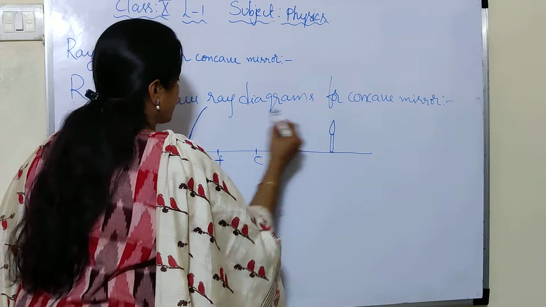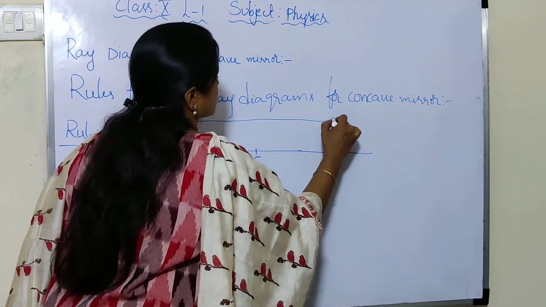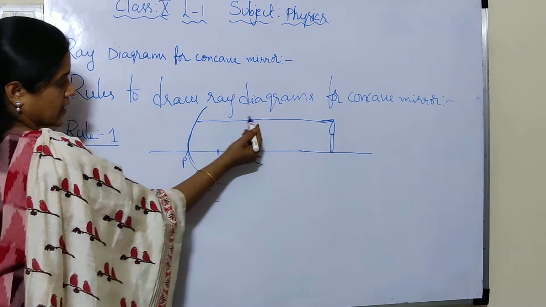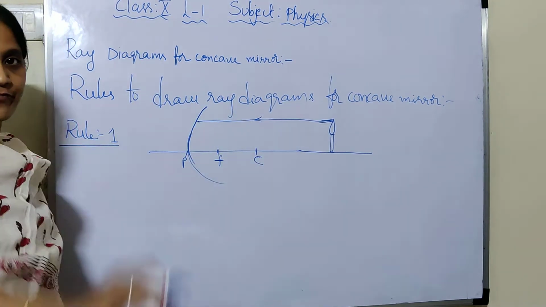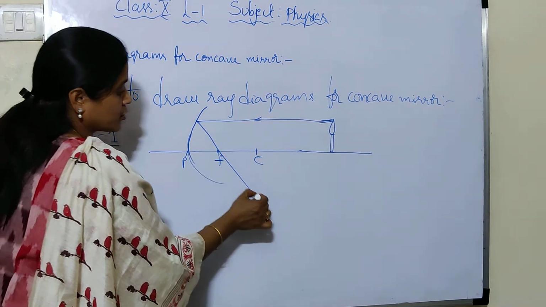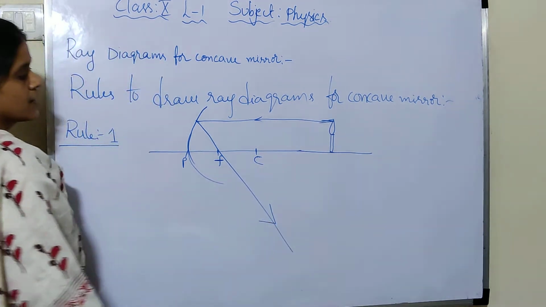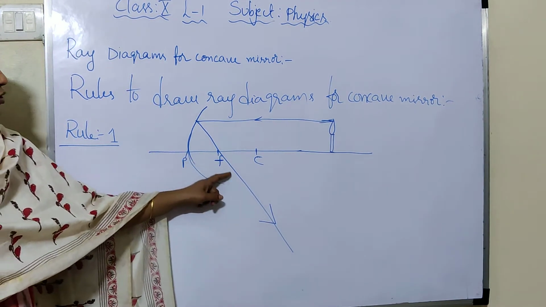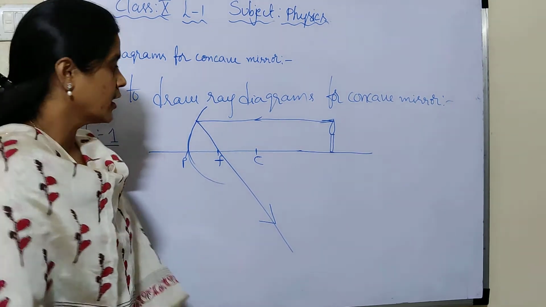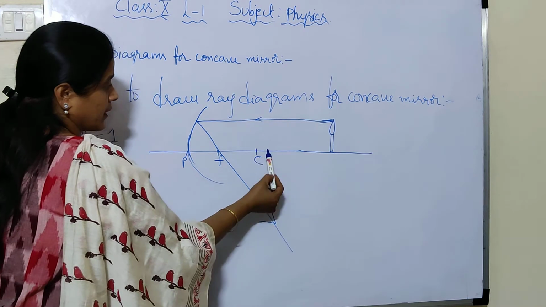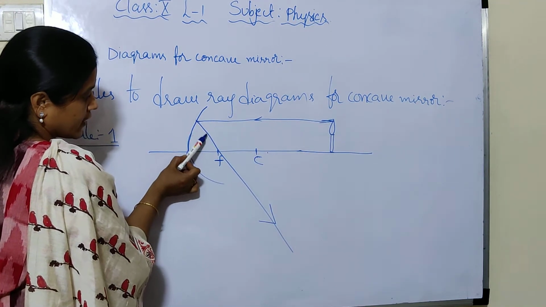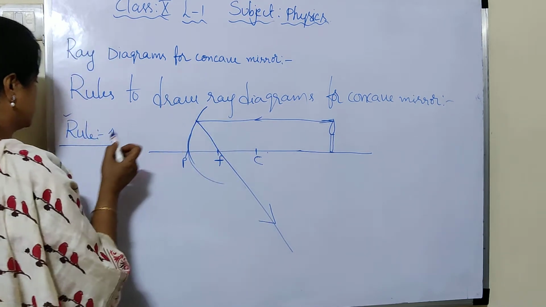When a ray is parallel to the principal axis from the tip of the flame, after the reflection, the reflected ray passes through the focus. This is rule 1. Once again, I will repeat: when a ray is parallel to the principal axis, after the reflection, the reflected ray passes through the focus.